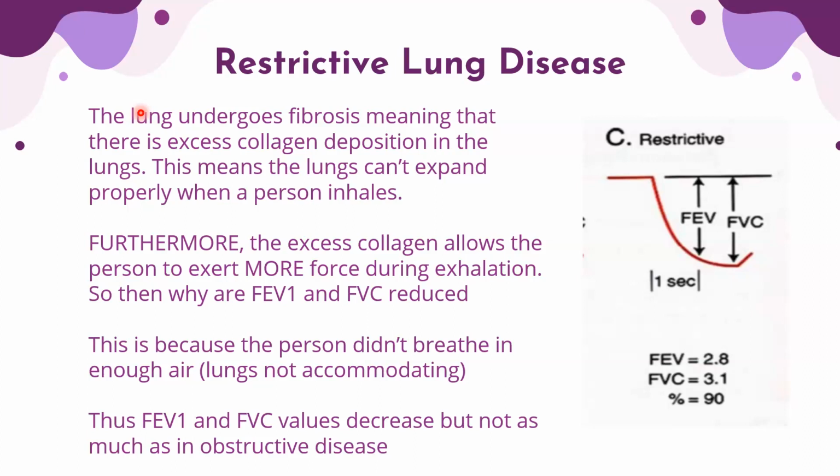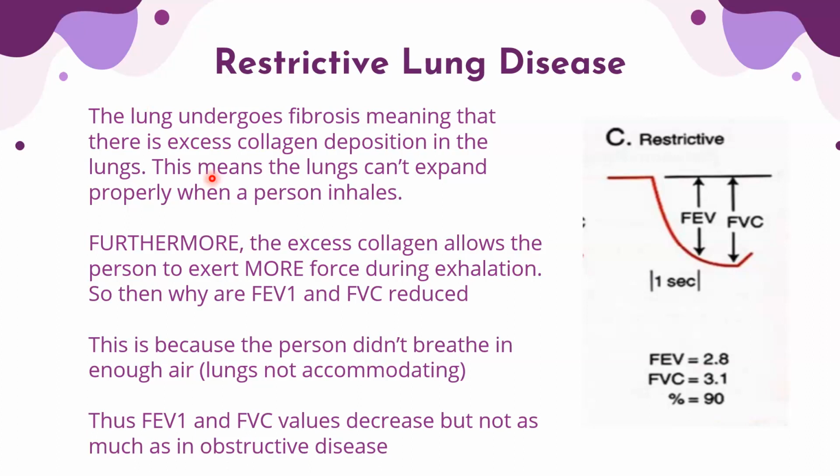When you breathe in air, your lung is normally supposed to expand to accommodate this volume of air. But when somebody has a restrictive lung disease, because of this excess collagen deposition, the lungs can't accommodate this new volume of air because of the fibrosis. It takes away the lung's elastic ability.